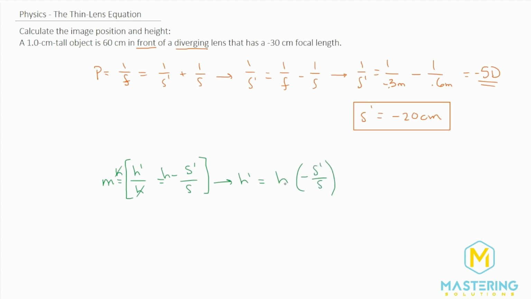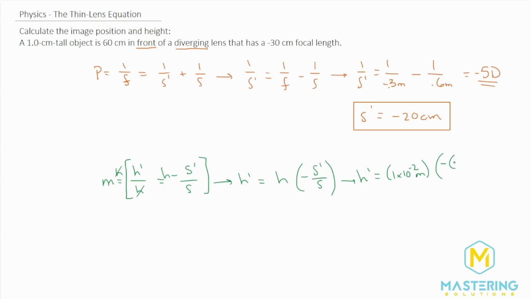And so h is given to us as 1 centimeter tall. So we have h prime is equal to 1 times 10 to the negative 2 meters, and then negative, this is from the equation, this is from the answer. So we'll have two negatives here, which when you plug it into the calculator, of course, will be positive.